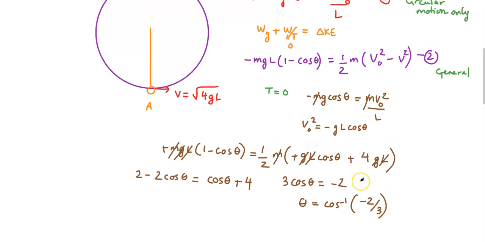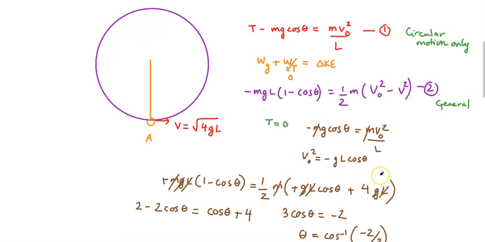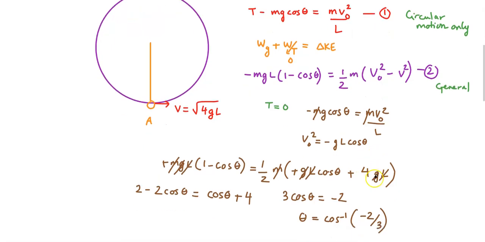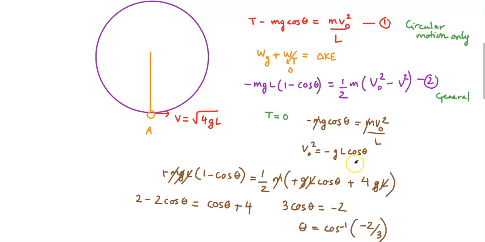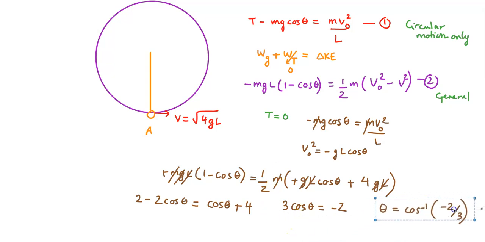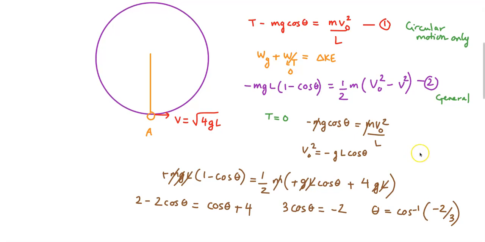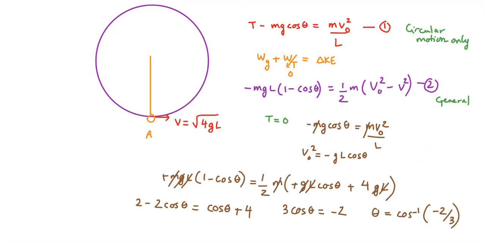So what this tells us, and this is really the biggest learning that I had when I first thought about this, is that the tension in the string becomes 0 at an angle of cos inverse of minus 2 by 3. So that's going to be somewhere here actually, right?